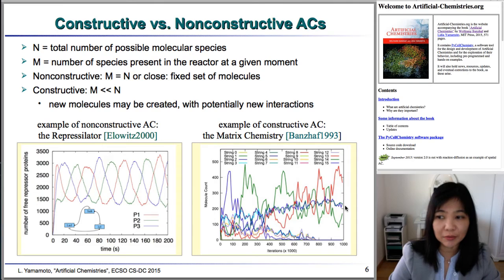So organizations are an interesting aspect of constructive chemistries that can be studied. Although the system could explore a whole range of possibilities, it ends up in a kind of steady state that is the organization.